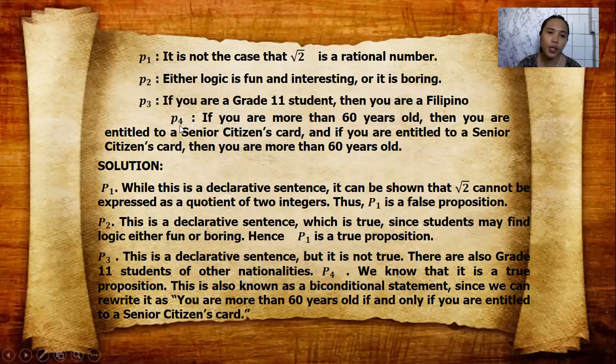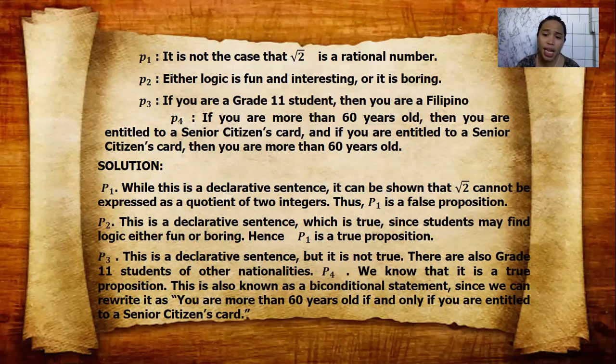Okay? So let's proceed to our last example for proposition. P sub 4 is the proposition: if you are more than 60 years old, then you are entitled to a senior citizen's card; if you are entitled to a senior citizen's card, then you are more than 60 years old. P sub 4 is a declarative sentence, so it is considered a proposition.